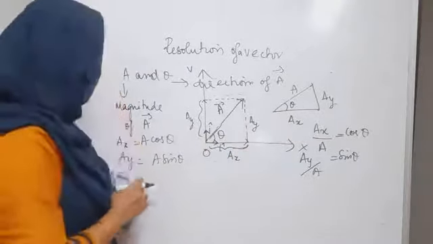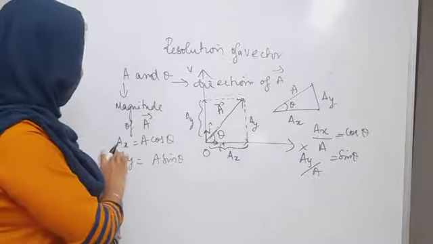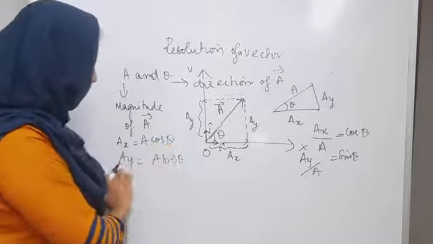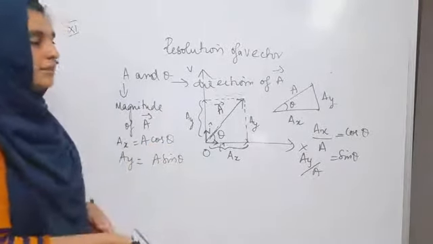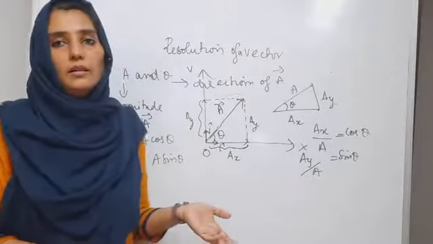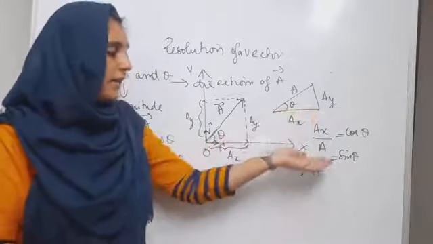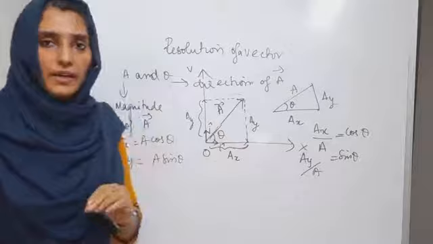So if a and theta are known, how will you find out ax and ay? It is very simple. Ax is equal to a cos theta, ay is equal to a sin theta. This is another method. If a and theta are known, you can express the vector by finding ax and ay, and finally you can represent it as ax i cap plus ay j cap.